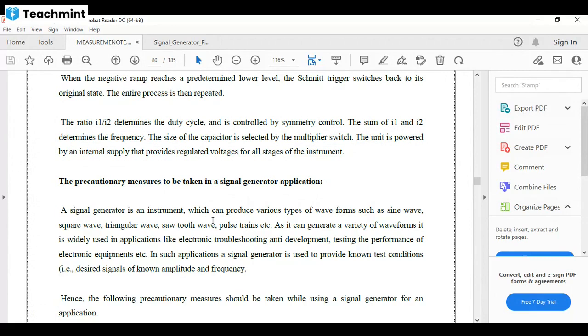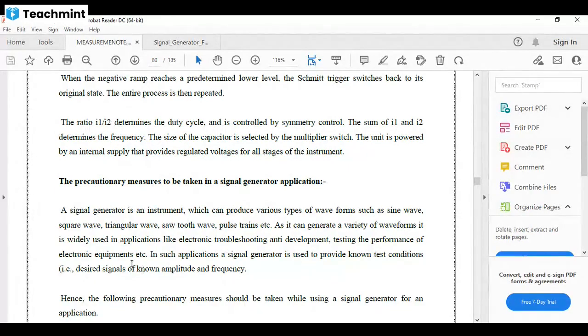It is widely used in electronics troubleshooting and development, or testing the performance of electronic instruments. So a signal generator is an instrument which can produce different types of waveform such as sine wave, square wave, triangle, pulse trains, and it is widely used in electronic troubleshooting, development, or testing the performance of electronic equipment.